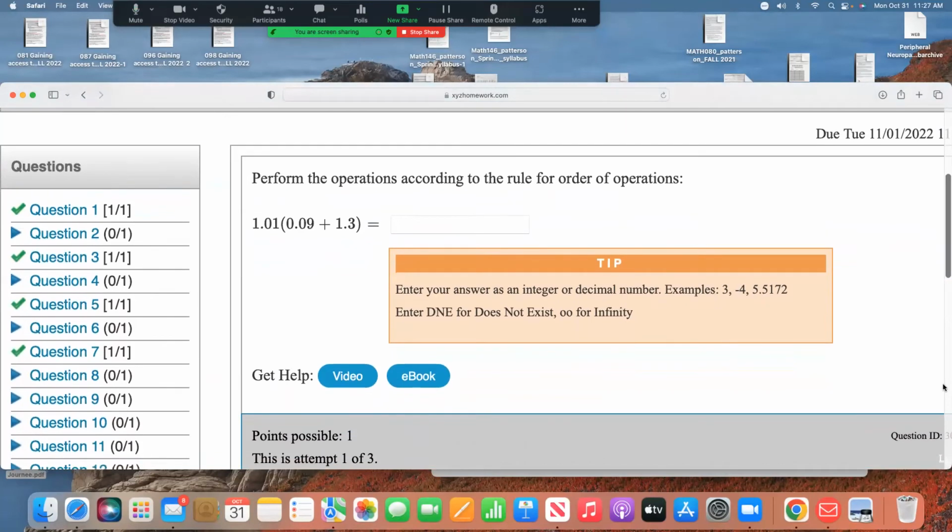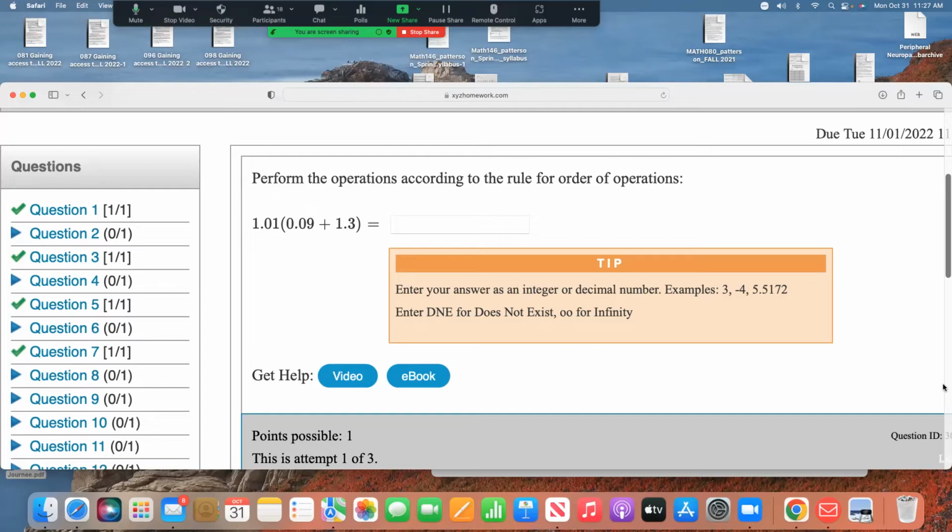Order of operations. What has to be done first? Parentheses. So notice how you could think of this: 0.09 and 1.3 need to be added.